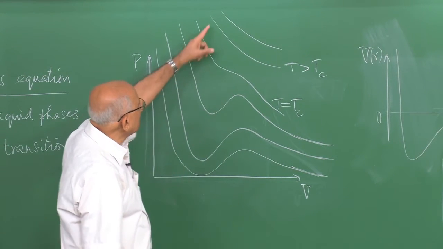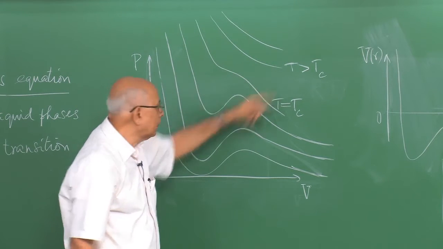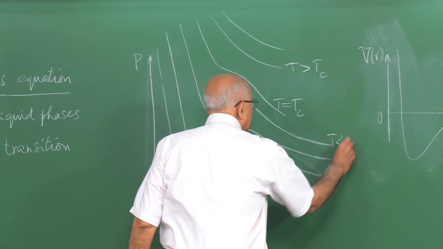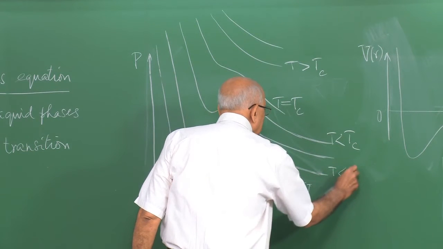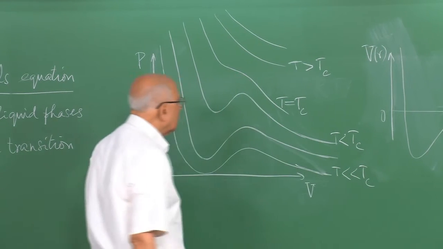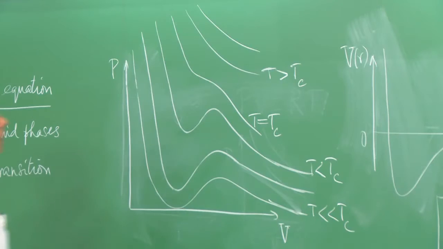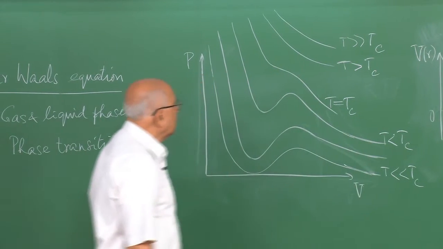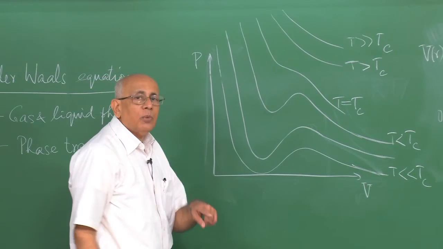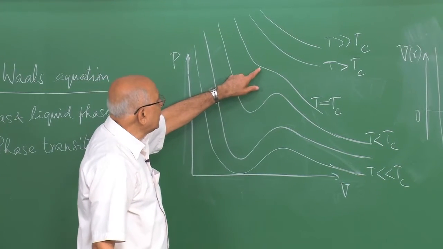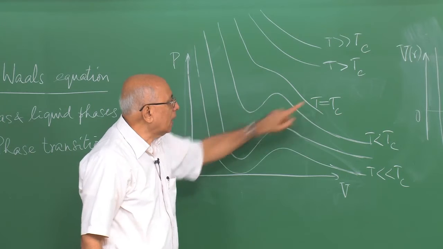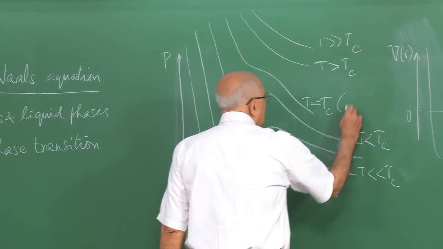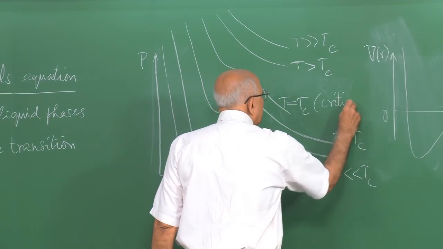Mathematically what happens is, here is an isotherm for T less than Tc, this is much less than Tc, and so on, and this curve here is T much greater than Tc, etc. Mathematically what happens is that there is an inflection point on the critical isotherm. Let me use that word here and then explain what it means.